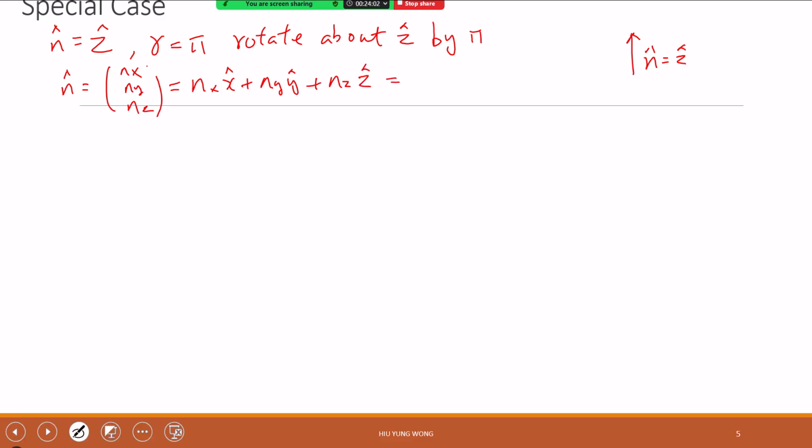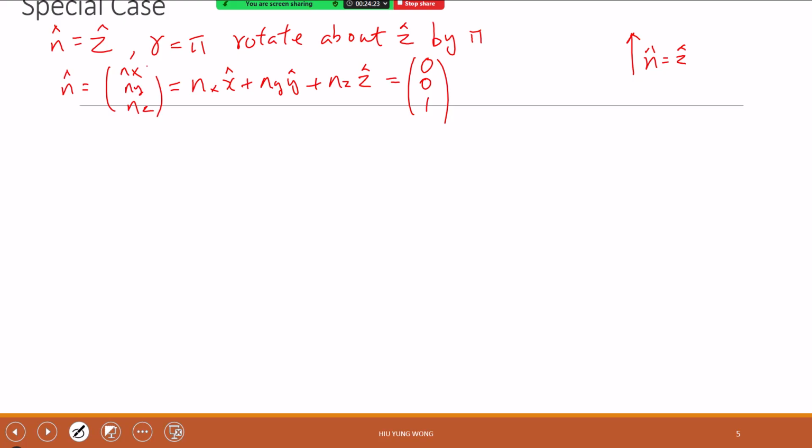So I just say that n equals z hat. Then what should this vector look like? nx, ny, nz should be? 0, 0, 1. Thank you. Very good. 0, 0, 1. So that is what we have.